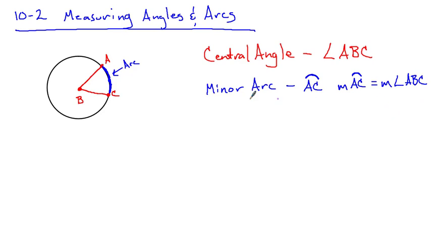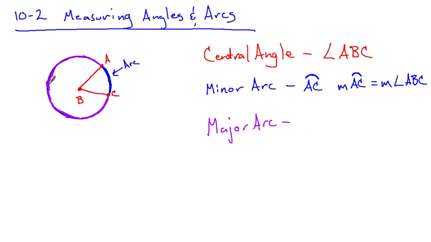So now we're going to go back over to our picture, and I said that this was a minor arc. Well, there's also a major arc. And so a major arc goes from the same points, just like this, all the way around, but it's going the opposite direction. And the direction is not as important as to how it got from A to C. Now, if we want to name our major arc, we don't call it AC.